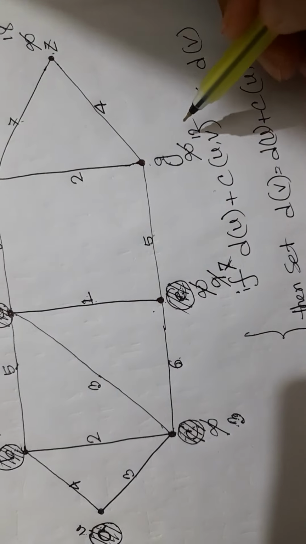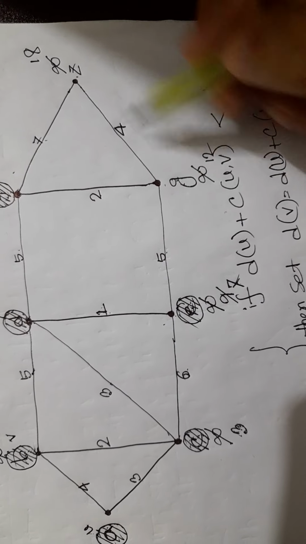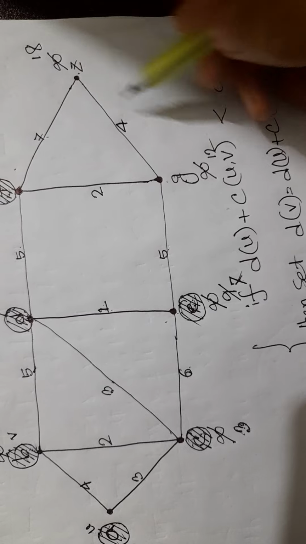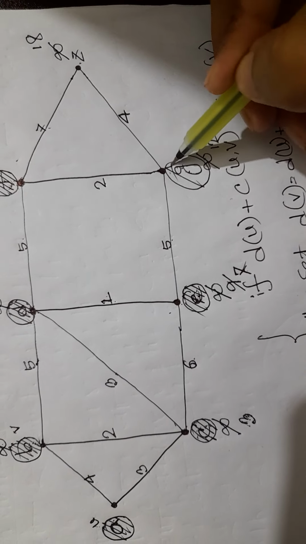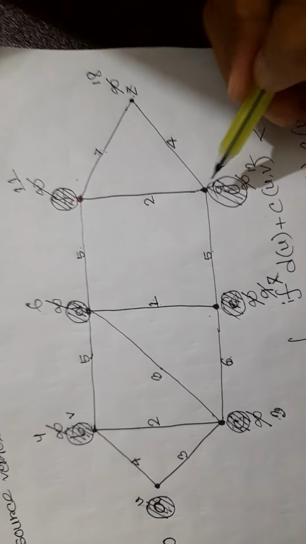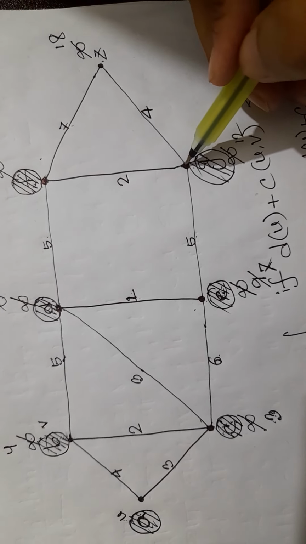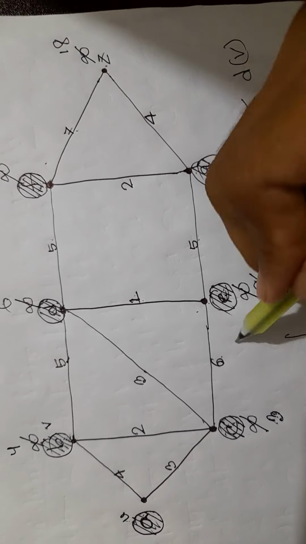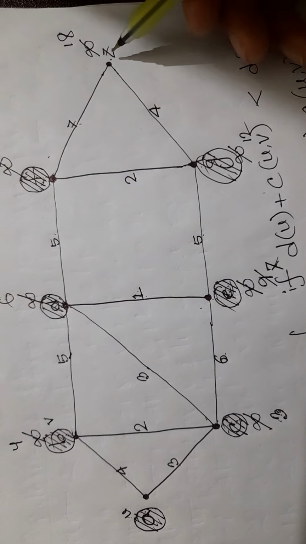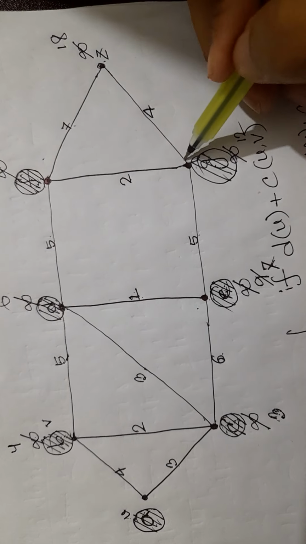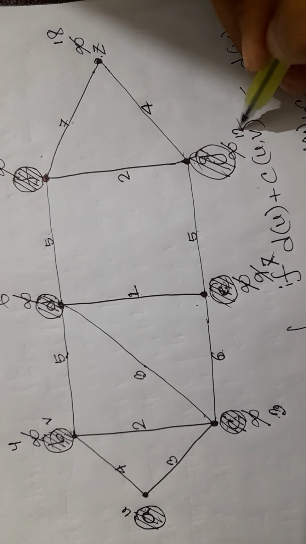Now between the two remaining vertices G and Z, G is smallest, so G is selected. From G we can visit E, F and Z. E and F are already selected, so we can only visit Z. The distance of G equals 12.